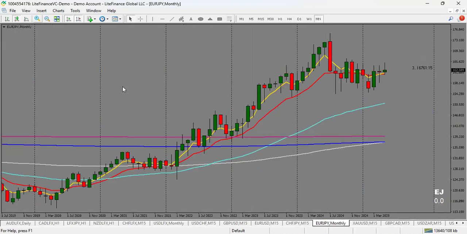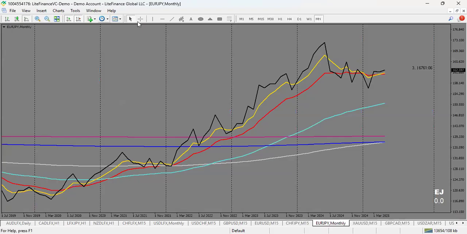Okay, so the monthly time frame here is where we look at the market structure price action. So is it bullish? Is it bearish? Let us see. So the current market price is around this point. So it's around 162.608.